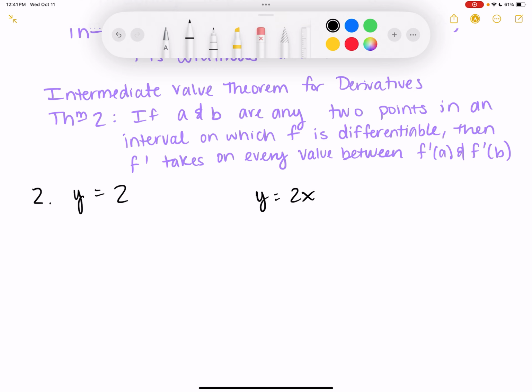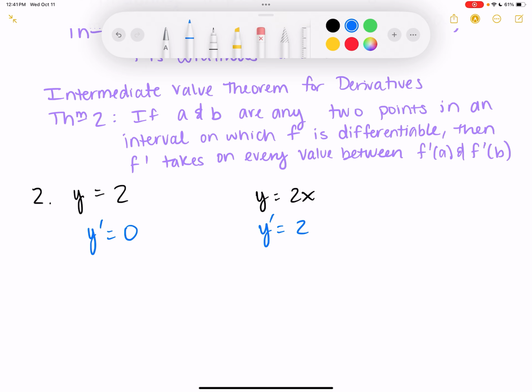So basically what is the derivative of 2? 0. So y prime is equal to 0. And what's the derivative of 2x? Yep, just 2. And so then, let me see how they want us to write it, just to make sure.